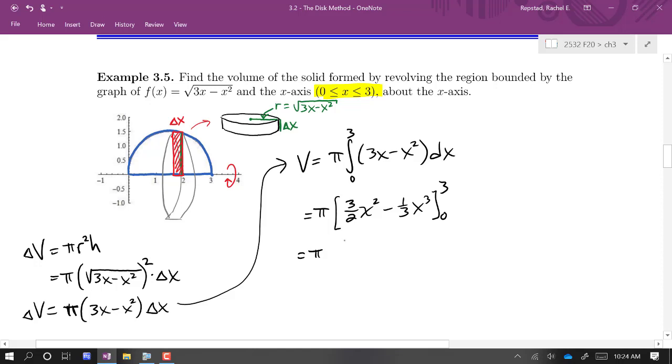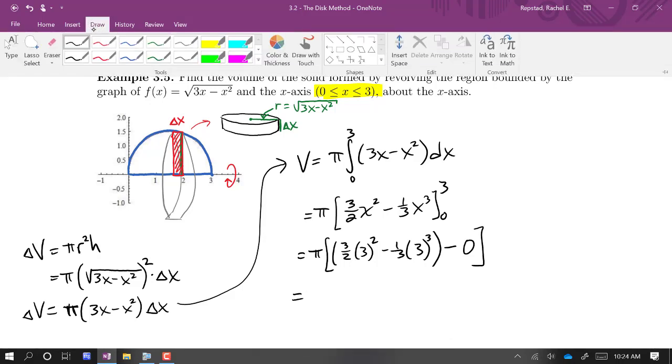We're going to plug in our limits. So our upper limit is 3/2 times 3 squared minus 1/3 times 3 cubed. And then every term has a factor of x, so when I plug in 0 for x, the whole thing zeroes out.